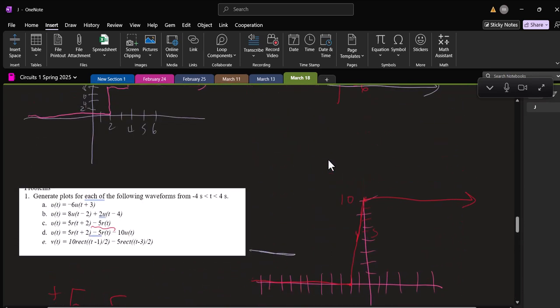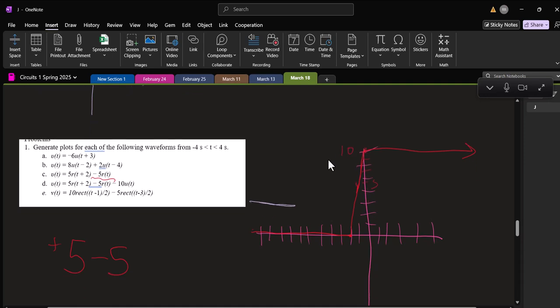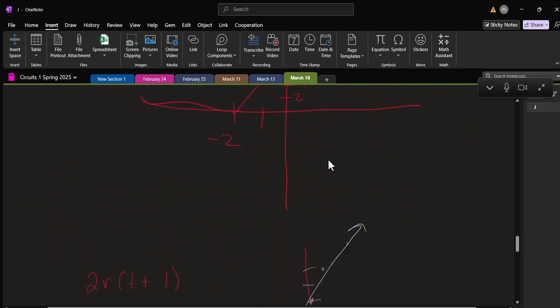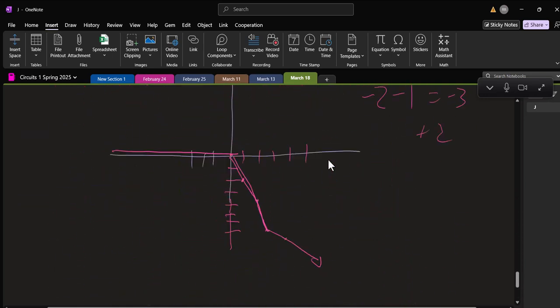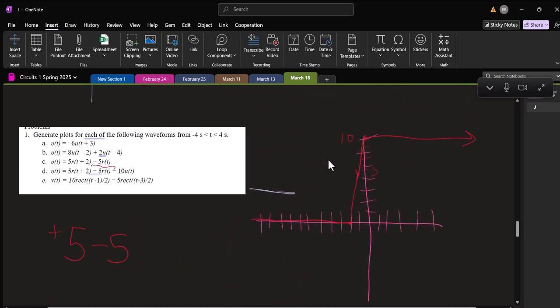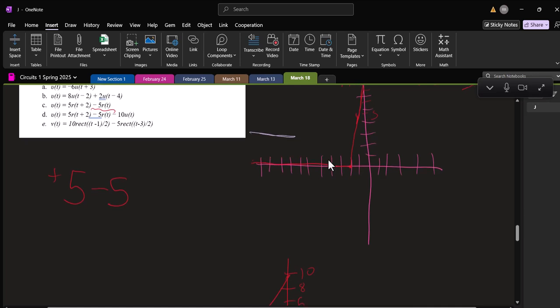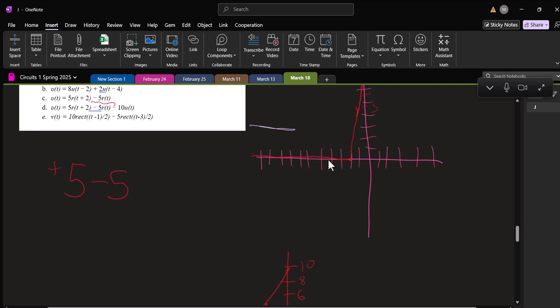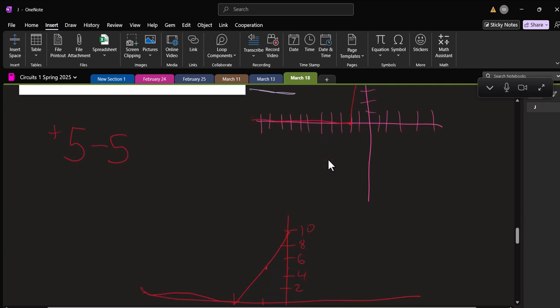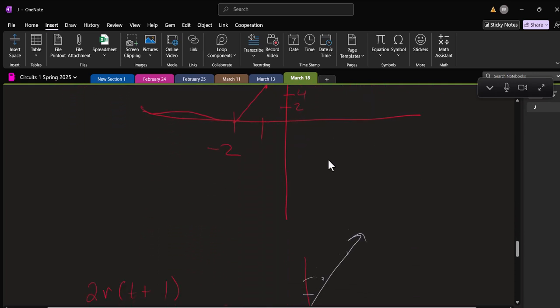And then 10 rect t minus 1 over 2. That was D. Okay, so how come, if we're adding up the slopes, how come the 5r's just don't cancel out with each other? They do, and you get a slope of 0. Yeah, but then the -10.